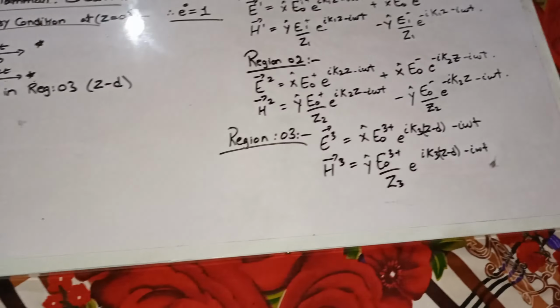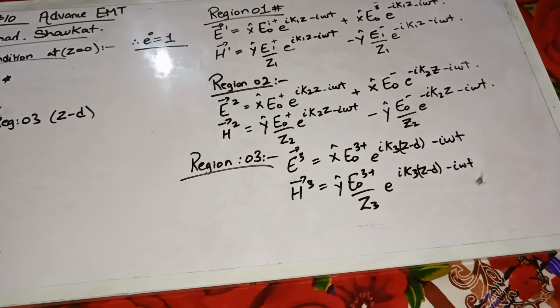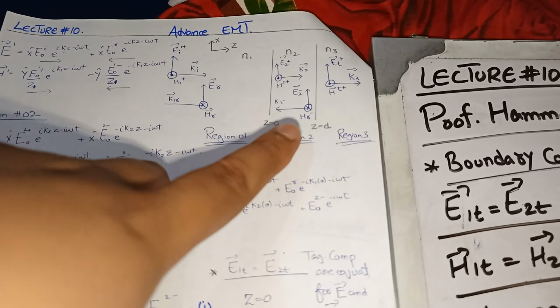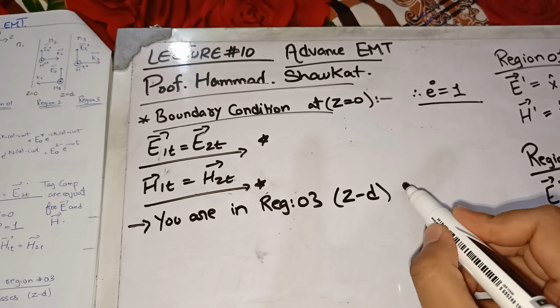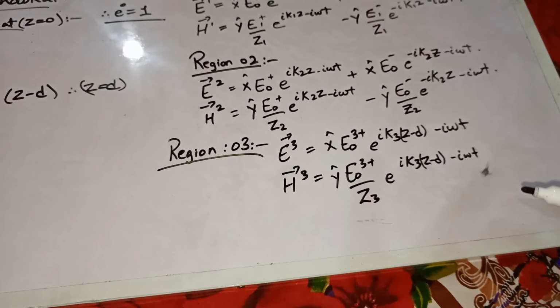That's why we only change this distance to z minus d. Now you have to apply the boundary condition z equals d, so you have to put z equals d in these equations.